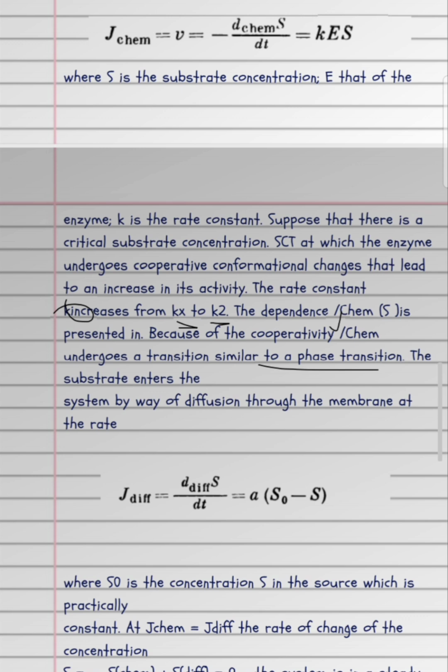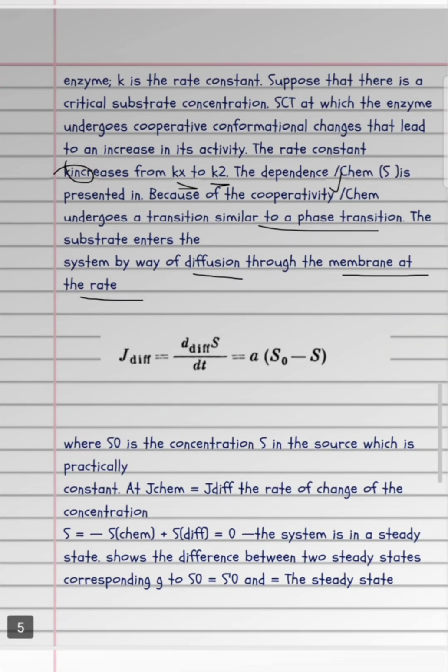The substrates enter the system by way of diffusion through a membrane at the rate of J_diff, equal to dS/dt, equal to A(S0 minus S), where S0 is the concentration of the substrate in the source, which is practically constant.